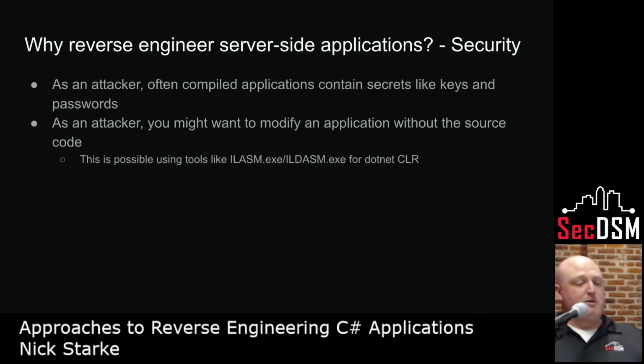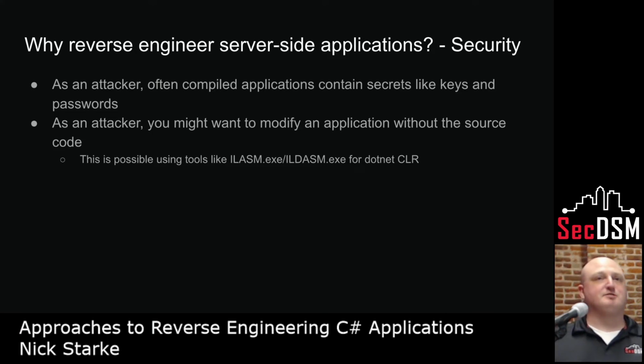All right, so why would anyone want to reverse engineer a server-side application? I'm going to go over the attacker perspective and the software developer perspective. As an attacker, the most common reason I want to reverse engineer .NET applications is because they contain secrets, like API keys, session tokens, certificates sometimes, private keys even, cryptographic material.